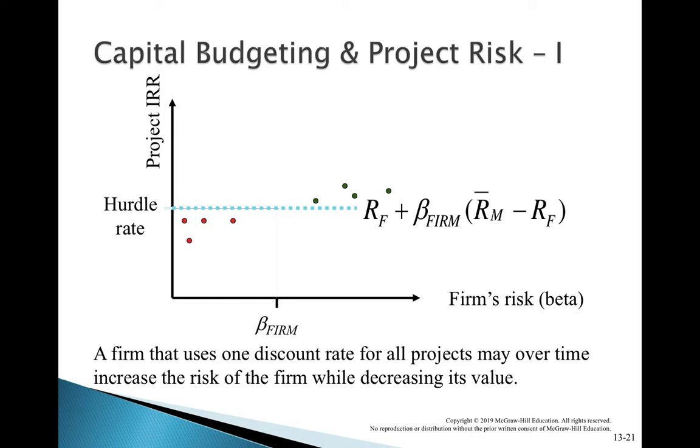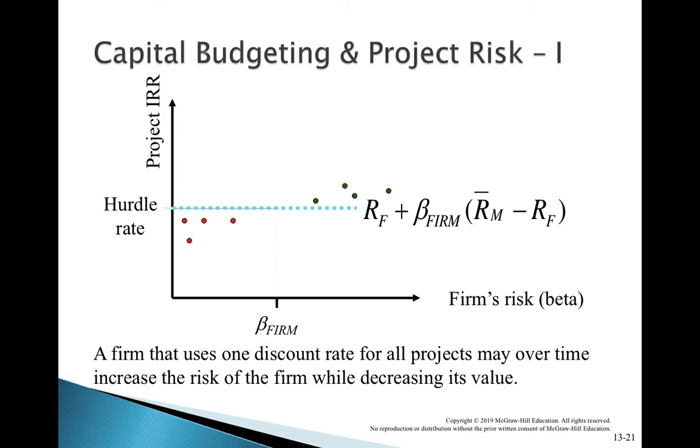Is it appropriate? Is it preferred? Is it good? Definitely the answer is that it is not appropriate. You should not use the same hurdle rate for each and every project. For example, in this graph, we can find 1, 2, 3, 4 red dots, and 1, 2, 3, 4 green dots.